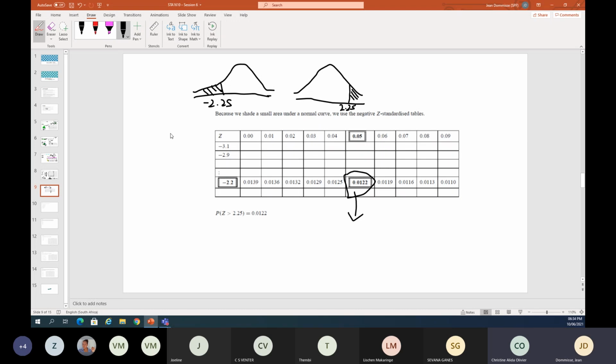No, because you're changing the Z and you're not changing the probability. So it will give you a different answer. I thought that maybe it was equal to 1, so if you subtract that, it will give you the other value. All of these need to be equal to 1.